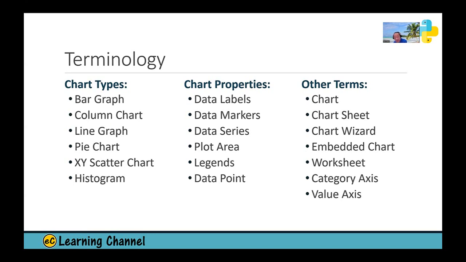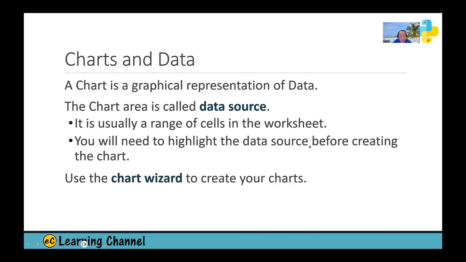These are each chart's features. There are other terms such as chart sheet, chart wizard, embedded chart, worksheet, category axis, and value axis. We'll go over different terminology when we reach them.